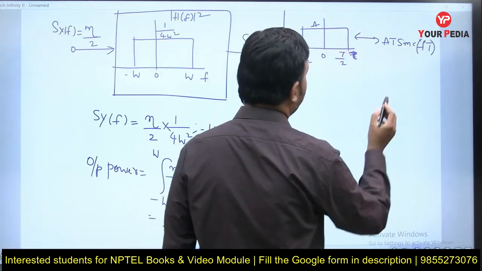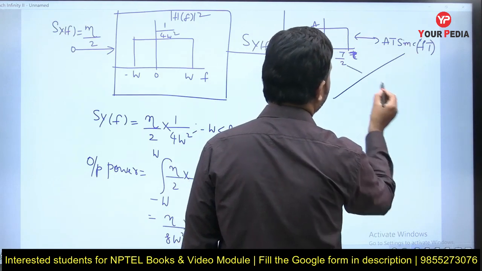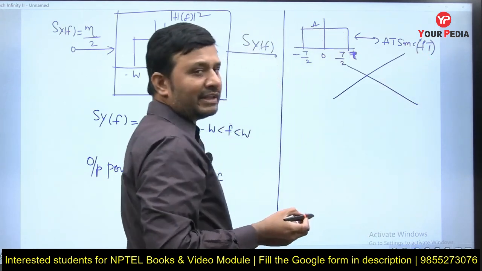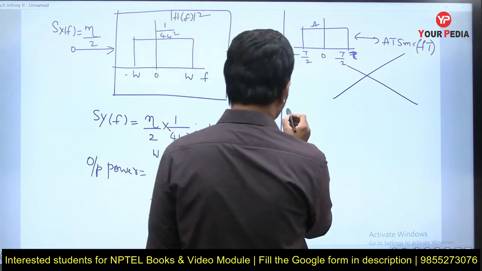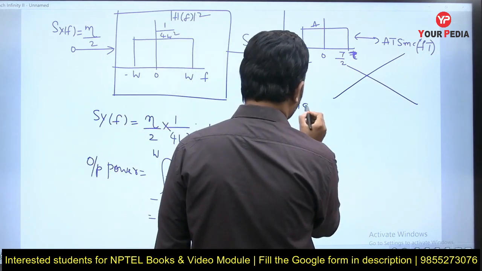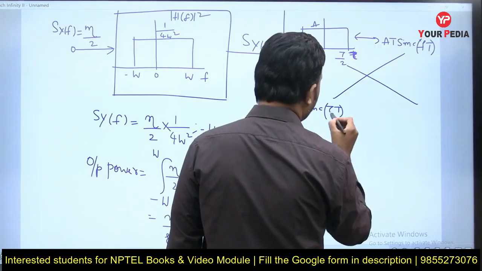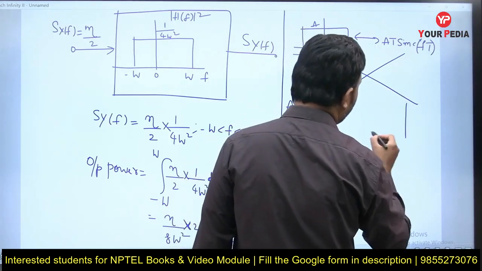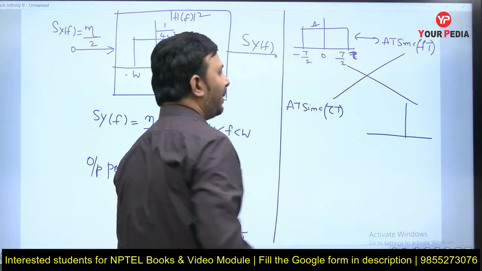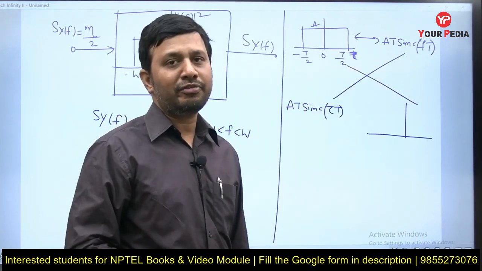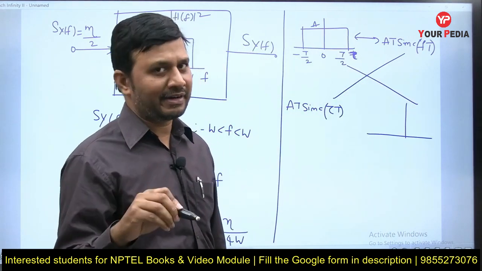So what will happen? Bring this here, bring this here. Replace f with t or tau: AT sinc of tau. Now replace t or tau with minus f. Replace tau with minus f means replace tau by f and take the reversal.